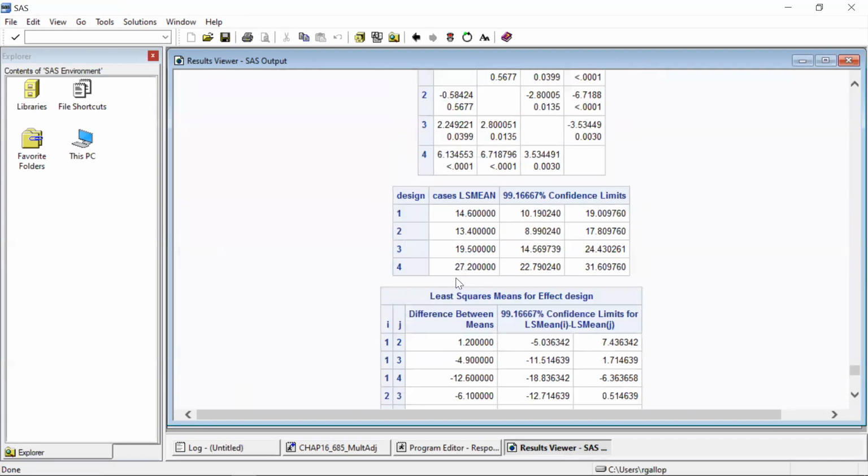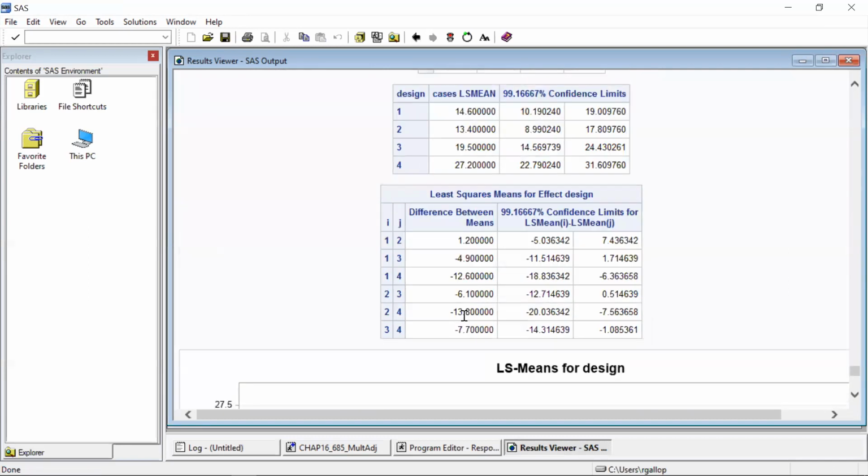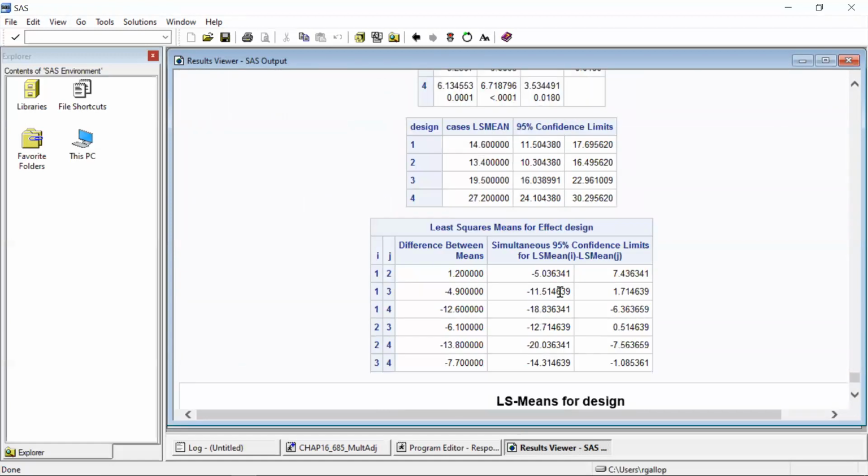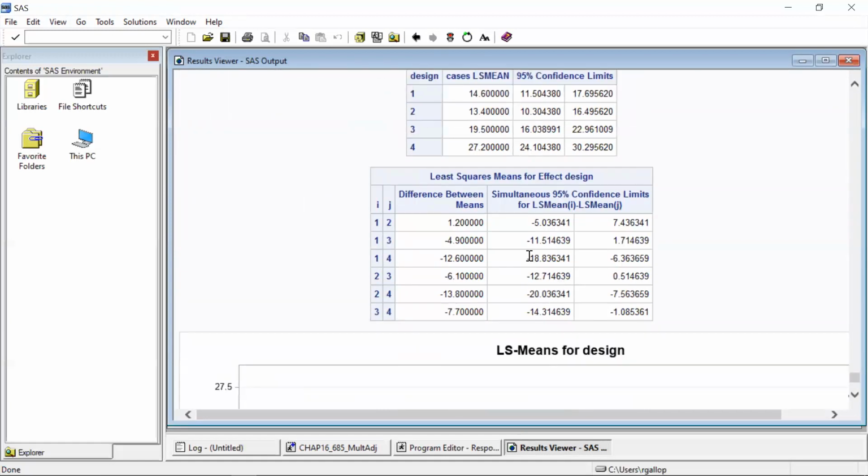This is the confidence interval where I'm doing the alpha adjustment myself. And again, with the 4-1, or in this case, look at 1-4, look at that lower bound, minus 18.8364. And then when I have SAS do it, I get exactly the same thing.